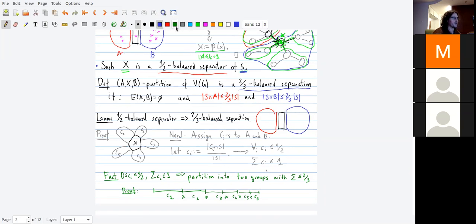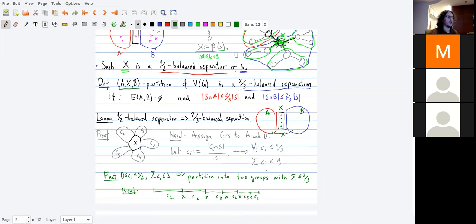So a separation is, as we have already seen, a partition of the vertex set into A, X, and B, into left side, right side, and the separator, such that there is no edge between the left side and the right side. So the whole communication goes through the vertices of the separator.